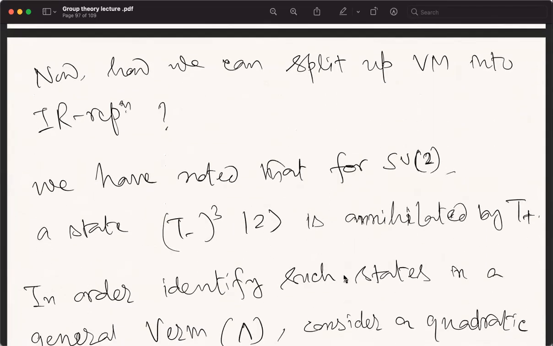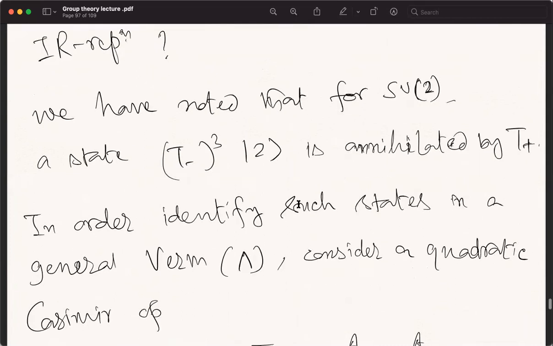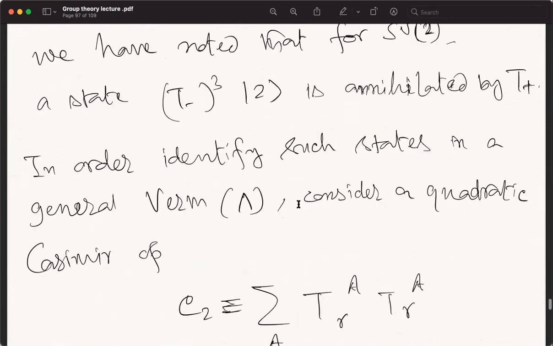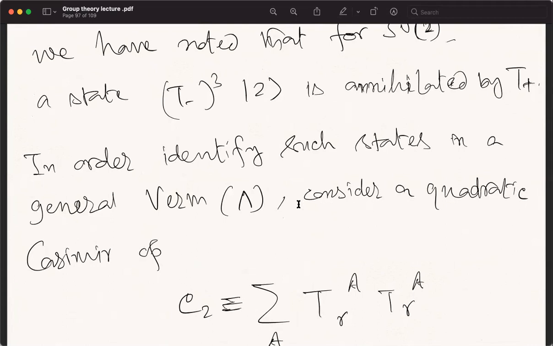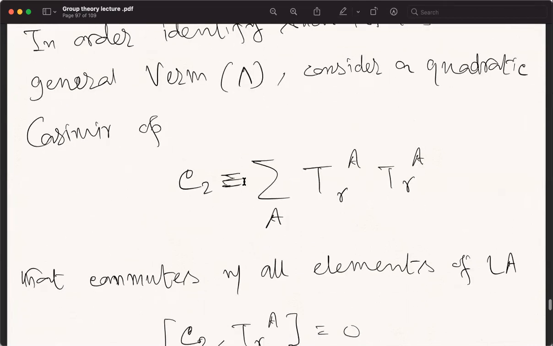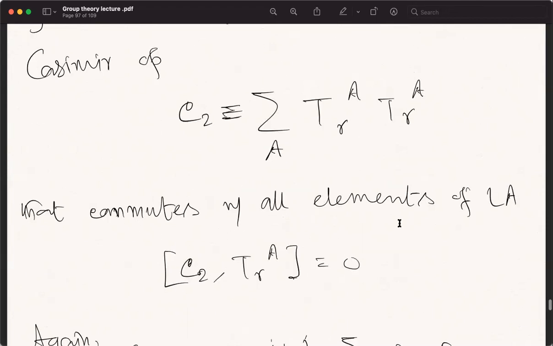So now again we can ask the question: how can we split up a Verma module into irreducible representations? We have noted that for SU(2), the state T minus to the power 2 acting on the highest state is annihilated by T plus. So in order to identify such states in a general Verma module lambda, consider a quadratic Casimir operator C2, somewhere a T^R, where R is the representation, that commutes with all the elements of the Lie algebra.